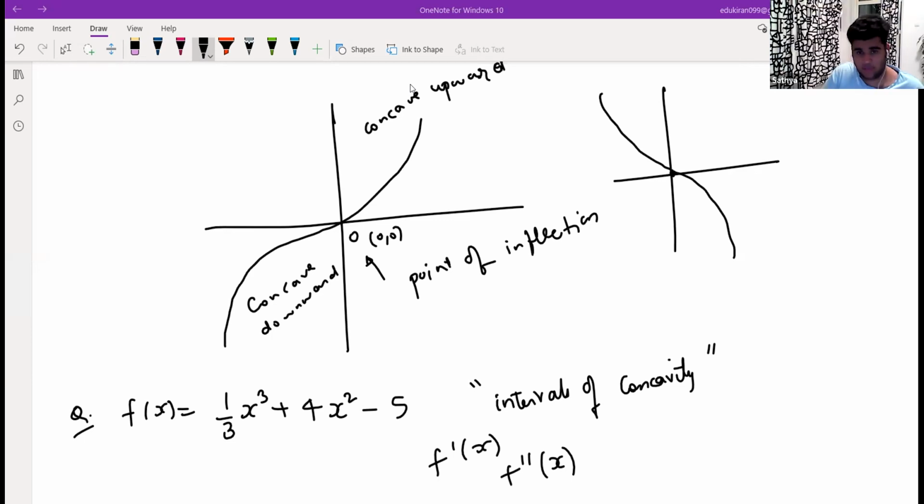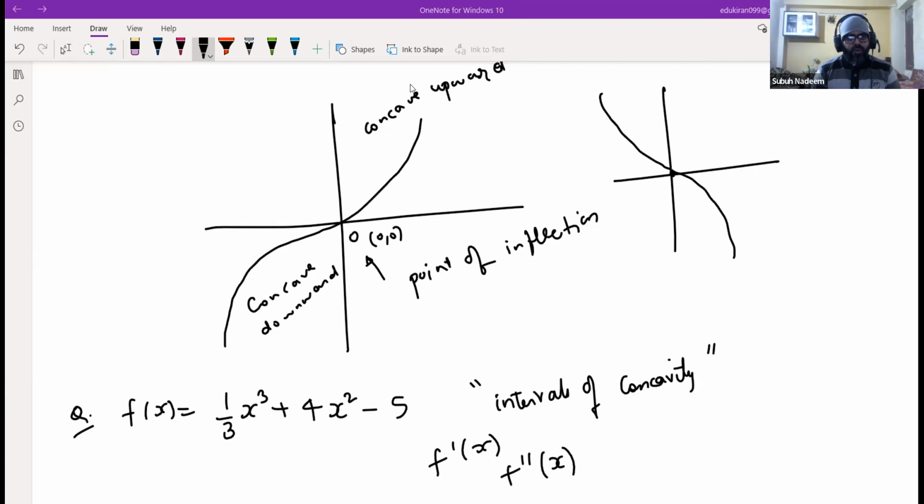So the double derivative could be zero or also undefined. There are a few more concepts, but we don't have to go into detail of that.